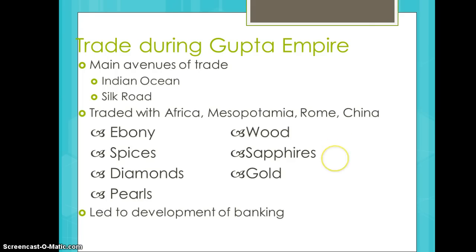And they did trade in specialty items like wood, gold, diamonds, and ebony. Ebony is a black, very, very dark stone. In old pianos, the black keys were made out of ebony and the white keys were made out of ivory. So you have ebony and ivory.